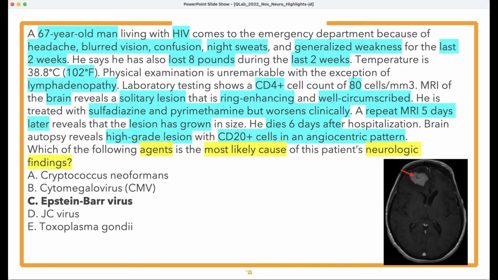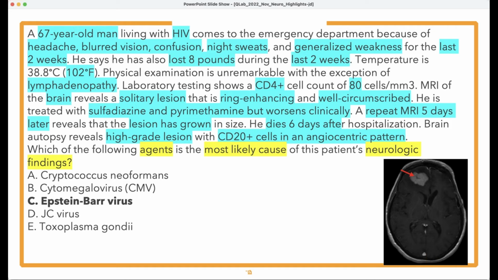And it's a lymphoma within the CNS, so primary CNS lymphoma. It's rare, but it's more common in patients with HIV or AIDS, specifically CD4 count less than 100. We know his is 80. And what you see is a ring-enhancing lesion with an angiocentric pattern of CD20 positive cells, just like they told us in that last statement.